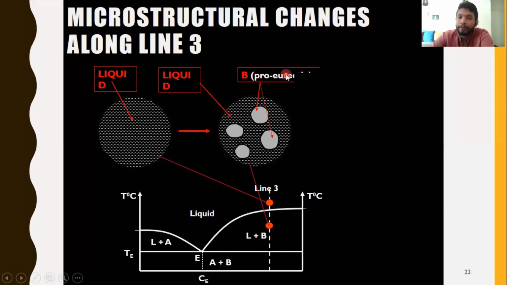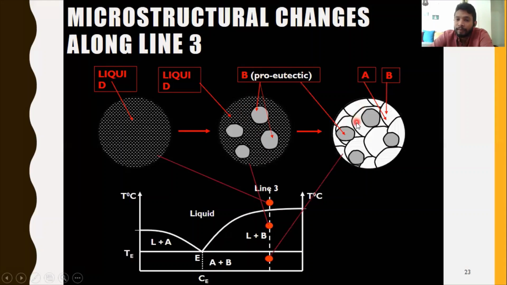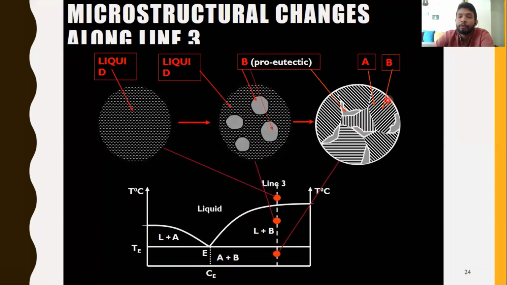We call this pro-eutectic B. Then the liquid still contains A and B, and once it passes this line, it becomes an A and B lamellar structure like earlier. Then this pro-eutectic B will be squeezed into the grain corners, and it will look like this. This is what happens to the composition along line 3, if the composition is somewhere here.